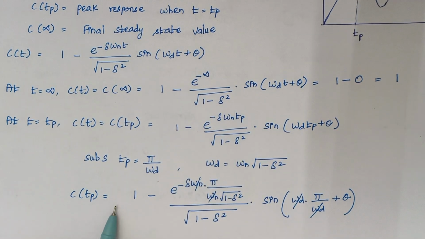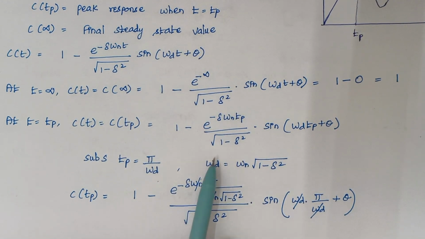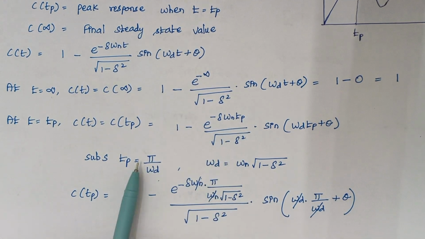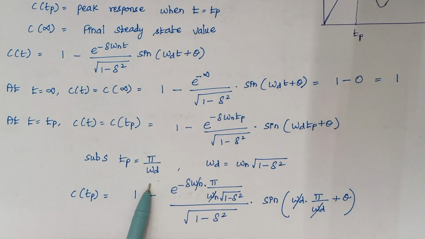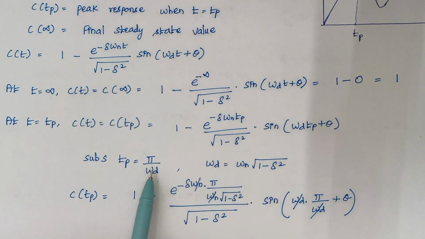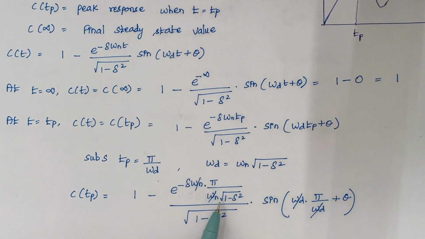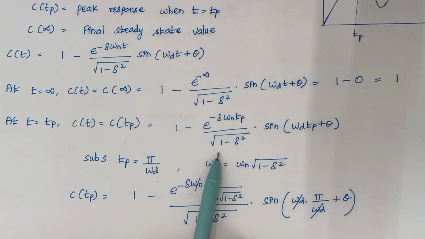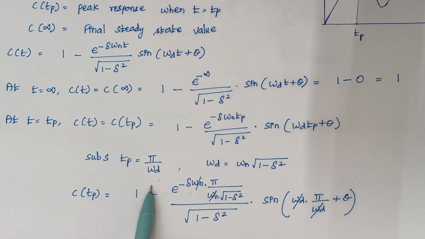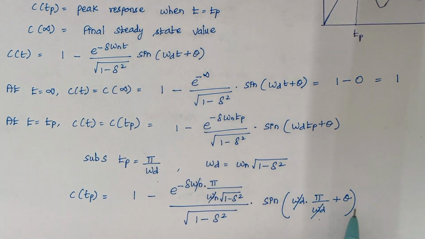So C of Tp is equal to 1 minus e power minus zeta omega n, and in the place of Tp I write pi by omega d, and this omega d can again be replaced by omega n root of 1 minus zeta square, the whole divided by root of 1 minus zeta square into sine of omega d, in the place of Tp replacing pi by omega d, so pi by omega d plus theta.